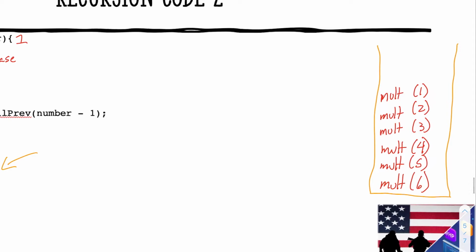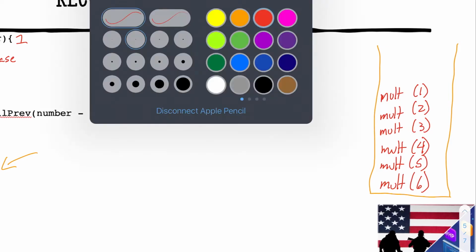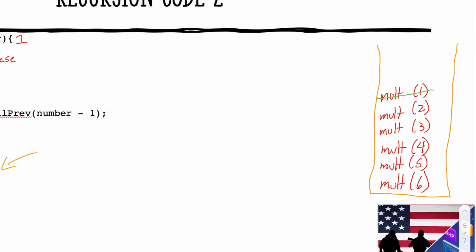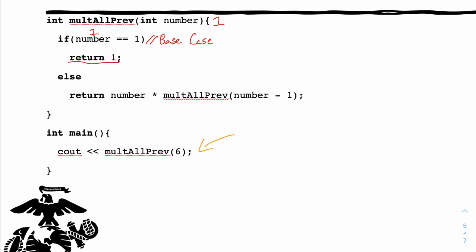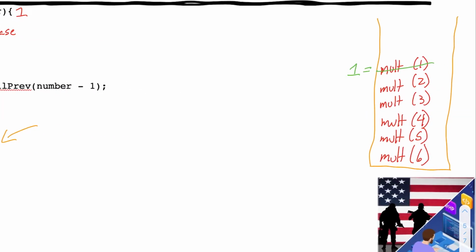So over here, this is going to be popped off the stack, and it's going to return the value of 1. Now we are back on the value of 2.